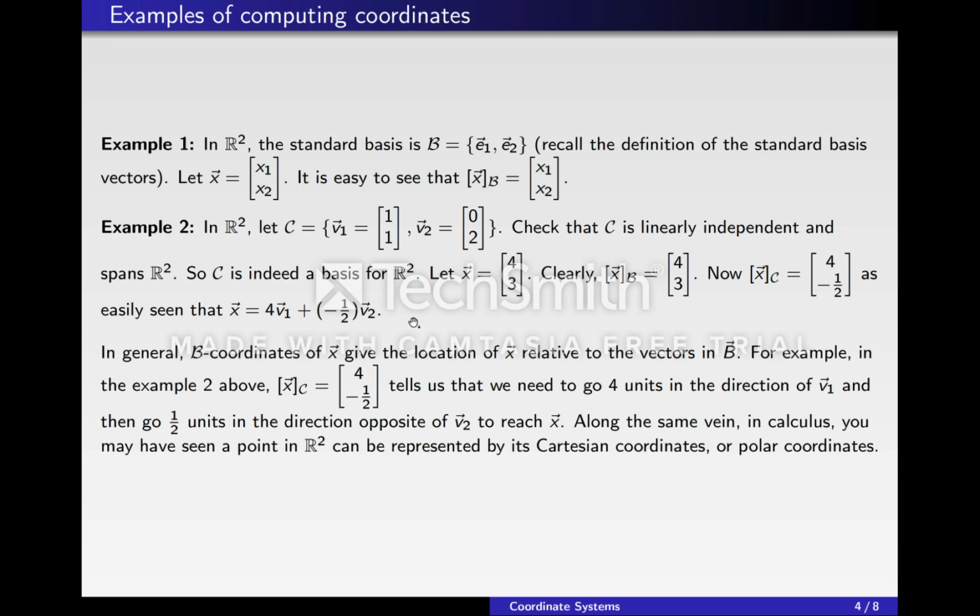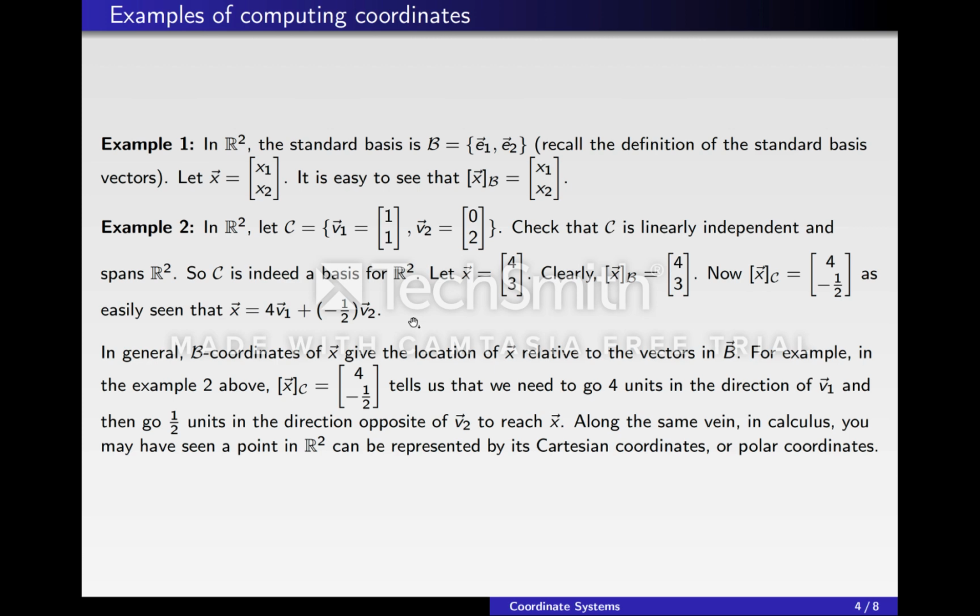But if you represent x in terms of the standard basis, then you go 4 units along the direction of e1, and then 3 units along the direction of e2 to reach x. But it's the same x, you just represent x in terms of two different systems.